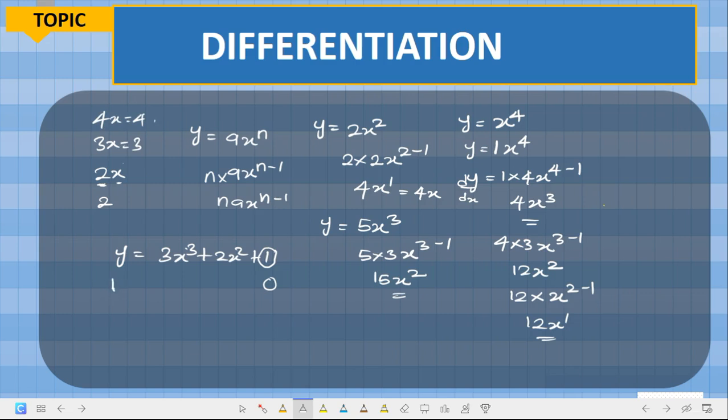So if I was to differentiate this, our dy/dx would be equal to 3 times 3, which gives us 9, then we'll have x squared, plus 4x. Why?